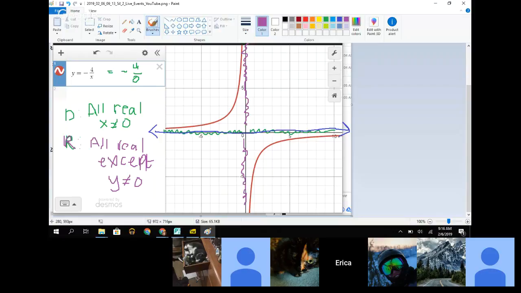You can get really close, right? You could put in 4 divided by 0.00001, and you're going to get, oh, no, I lied. You don't want to put that in. That's going to give you a really, really big number. That's going to put you up here. So instead, we could put in 4 divided by a million.